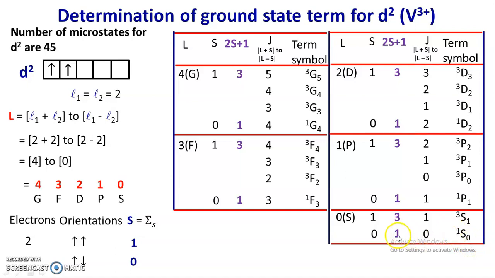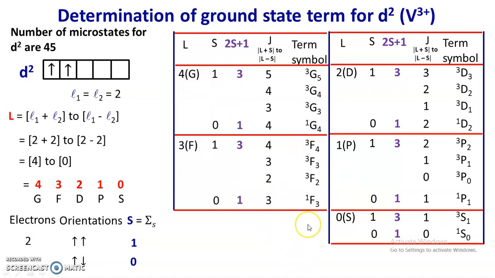So 1 is the multiplicity, S indicates L is equal to 0, and this 0 stands for J equal to 0. So these are the possible term symbols when L is equal to 4, 3, 2, 1, 0 coupled with S equal to 0 and 1.